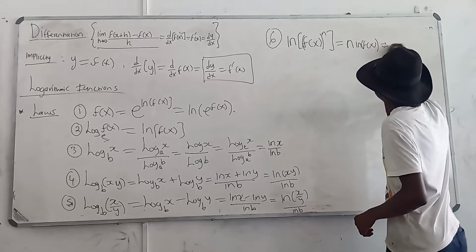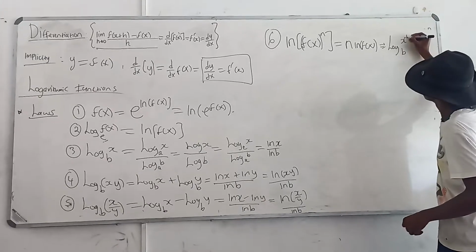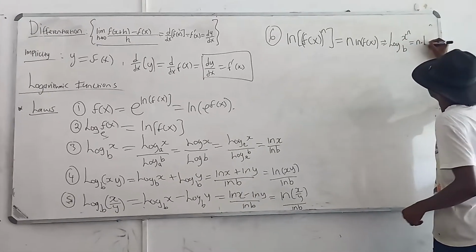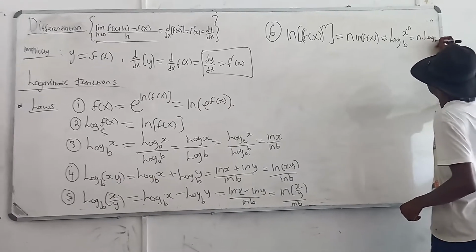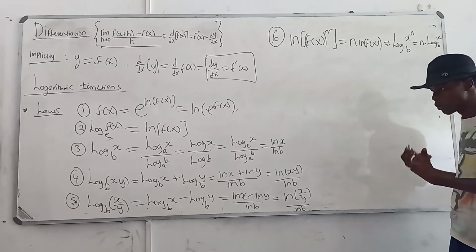So is the log base b of x to the power n. This must follow: n times log base b of x. So you know this one.